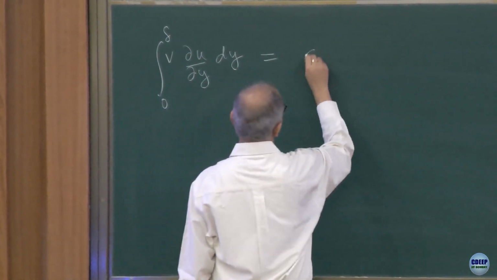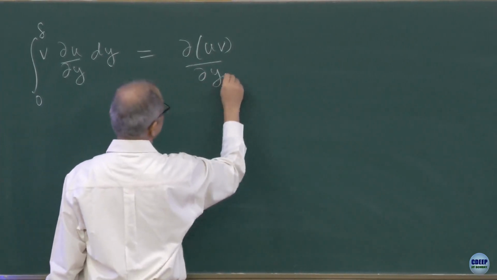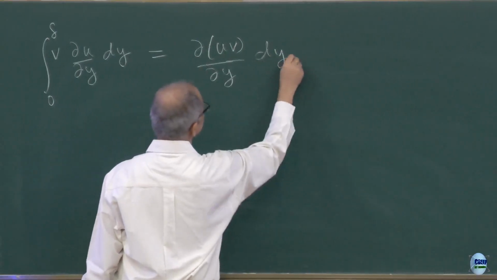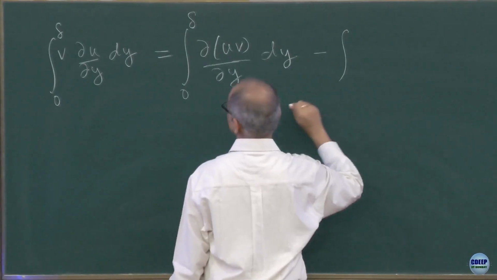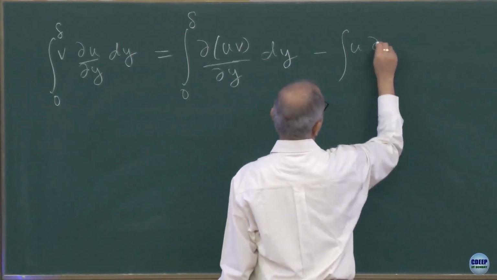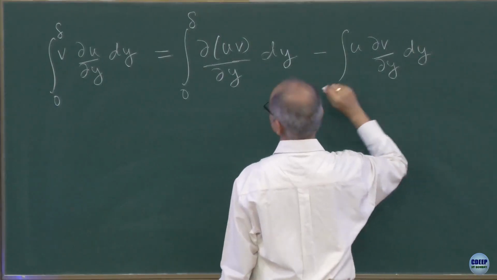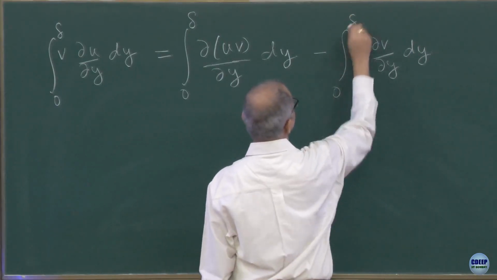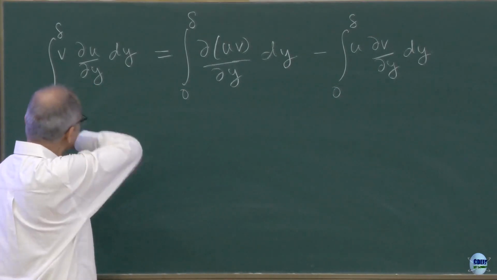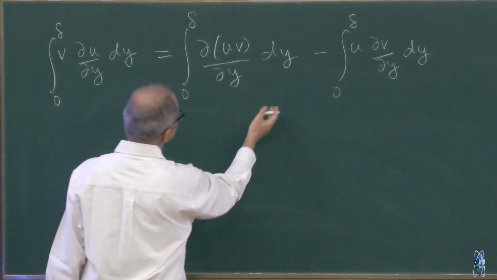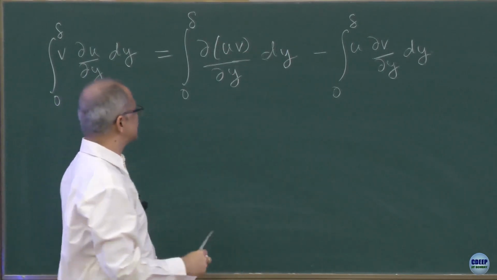So you say that this is u times v, from 0 to delta, minus the integral of u times ∂v/∂y dy from 0 to delta, right?